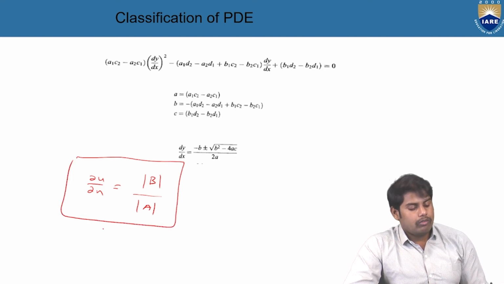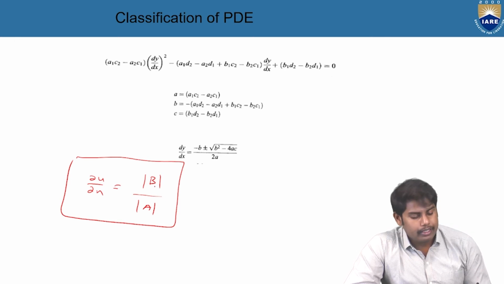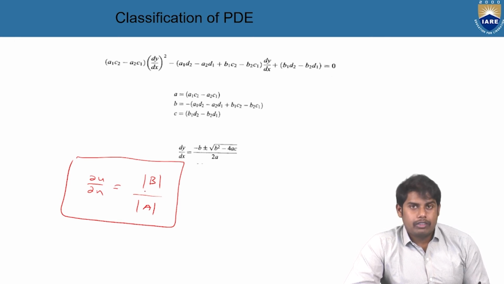Fine. So what we are doing is basically replacing the first column of the A matrix with the B matrix.